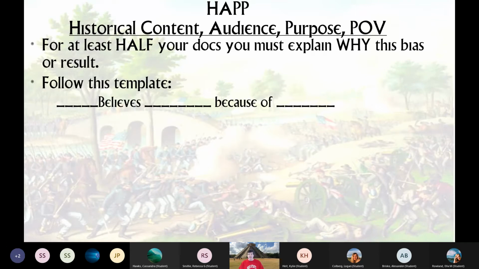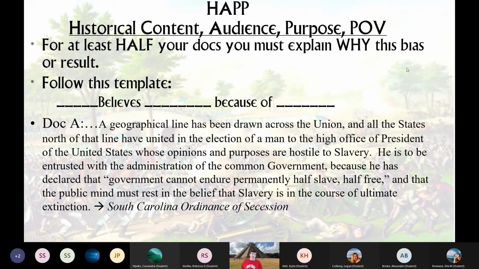So you must have one sentence, basic template: blank believes, or if it's a picture, shows blank because of. And so document A, and I throw document A on there because it shows the South Carolina Ordinance of Secession. A geographical line has been drawn across the Union, and all states north of that line have united in the election of a man to the high office of the President of the United States whose opinions and purpose are hostile to slavery.